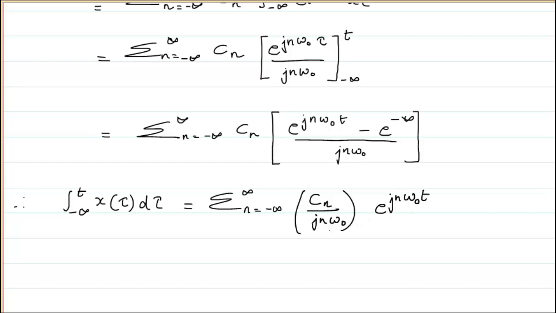You can see the rest of everything remains the same, but only Cn has undergone a change from Cn to Cn divided by jn omega naught. Hence this is proved.